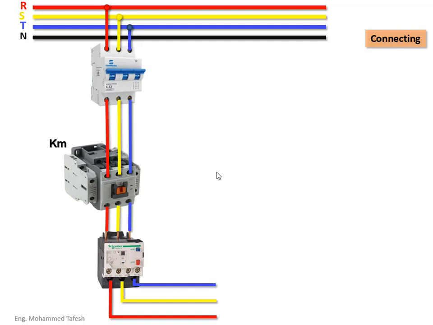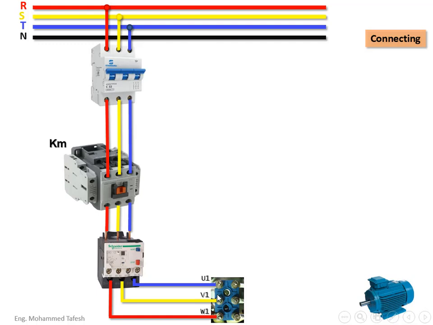Then we come to the motor board, and as you can see, it consists of 6 points. The first 3 points are the first sides of the 3 coils, and these are the exit sides or points. Now, this KM contactor is always on and is responsible for feeding the motor with electricity.